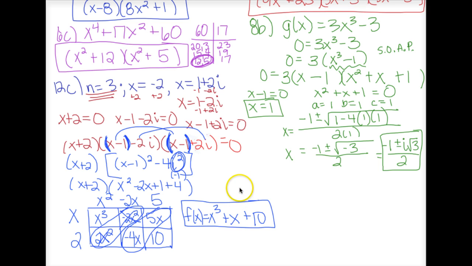Number 13. You're just telling what the degree is. I really hope you didn't actually find the polynomial, because all it wanted on number 13 was for you to tell it the actual degree. So, for instance, on 13b, it told you you had zeros x equals negative 2, x equals 2, x equals 0, and x equals 4 plus i.